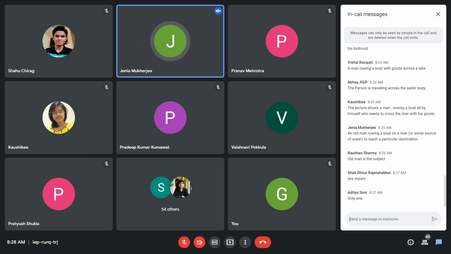So according to the law of English grammar, the old man is the subject, and the river and the boat are objects.